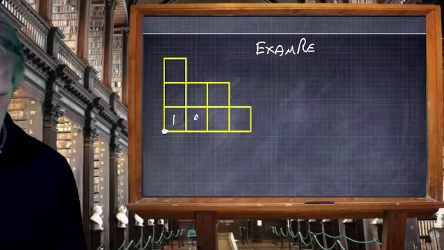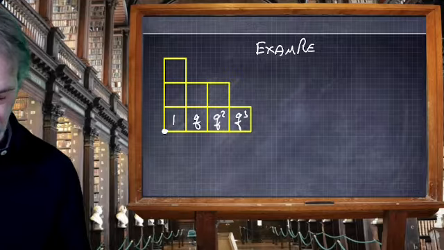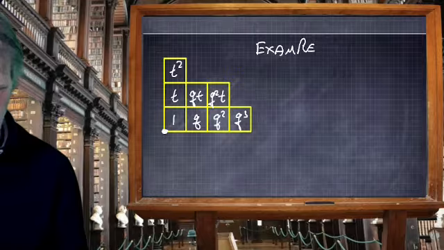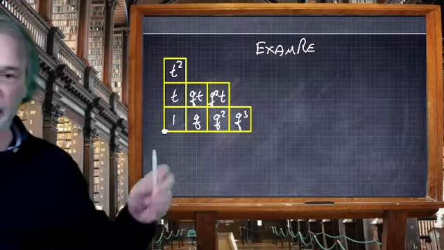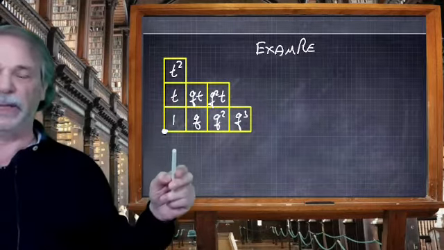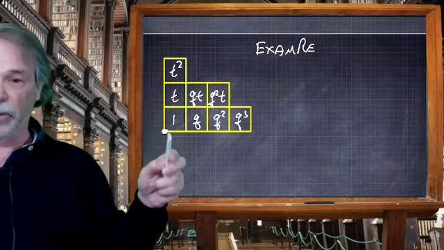And this is Q, Q squared, Q cubed, here you have T, T squared, QT, and Q squared T. So that's like giving a monomial name to the cell related to the coordinates of the cell.